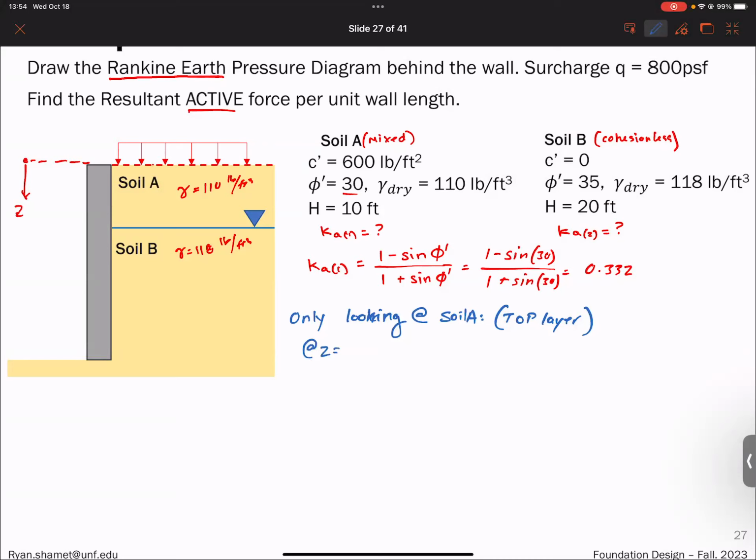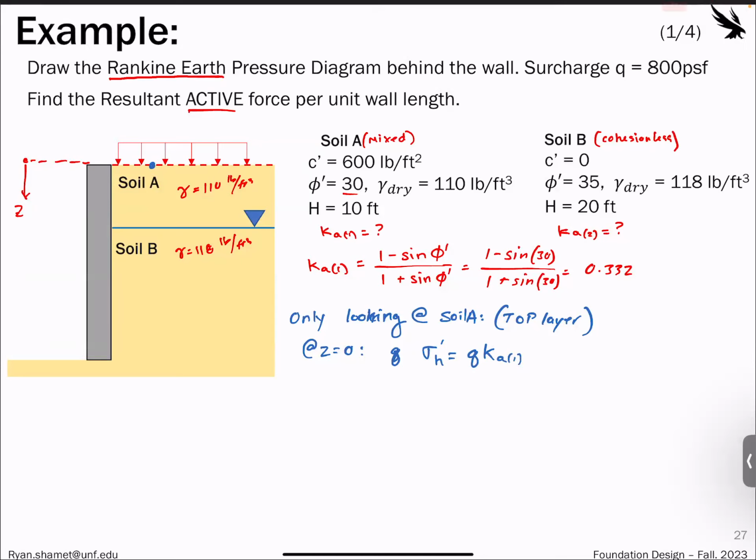At Z equals 0, if we were right here, the only thing we would have is that surcharge, this Q. But that vertical surcharge needs to be multiplied by the Ka value, since this is horizontal stress.